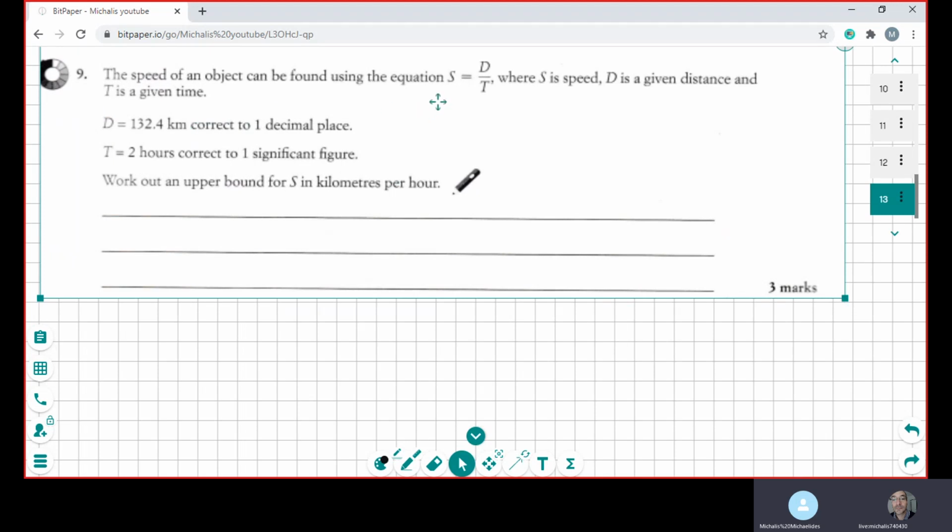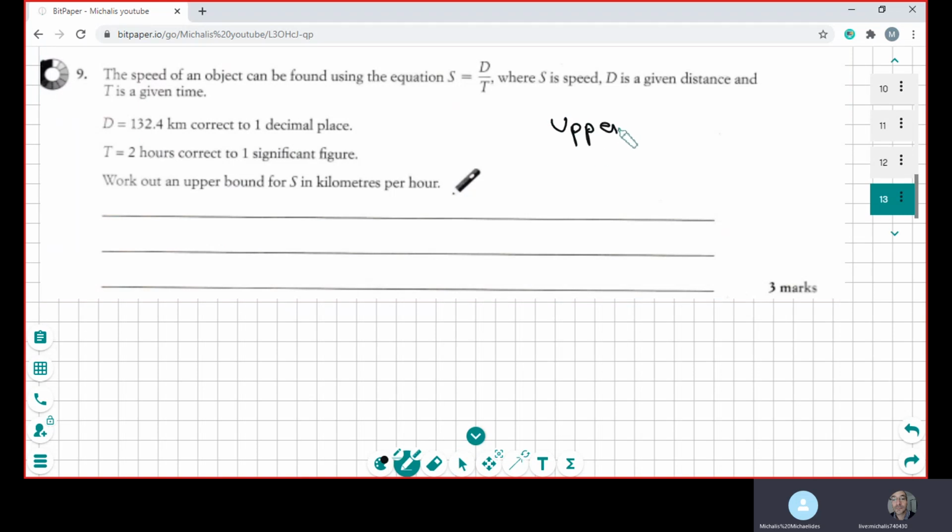So here we have the formula for the speed as the distance divided by time. And the distance has been rounded to one decimal place, time has been rounded to one significant figure. Find the upper bound of s, the speed. Now the upper bound is the maximum possible value for the speed.